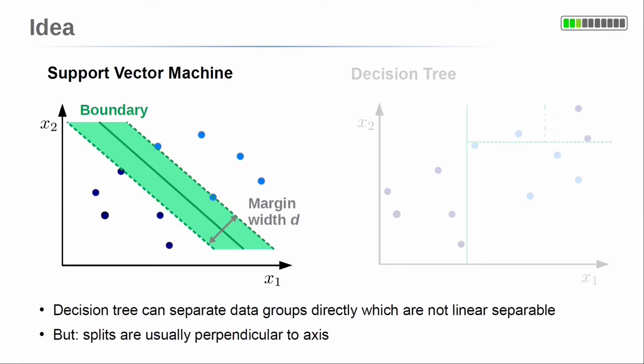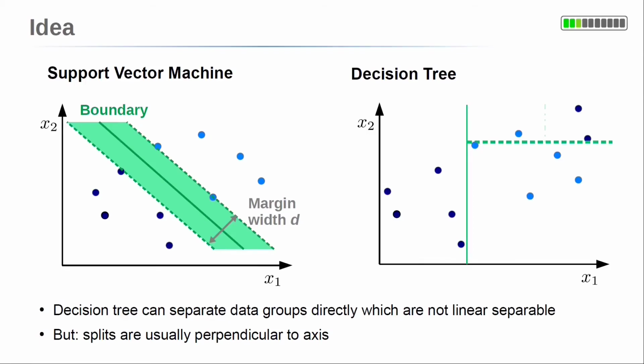Both support vector machines as well as decision trees try to separate classes by splitting the input space. For the support vector machine, on the left, this is done by a continuous boundary which has a linear shape for the linear support vector machine. On the other side, the decision tree divides the input space by perpendicular splits. This example on the right is not linear separable, so the support vector machine without variable transformations cannot classify the data correctly. For a decision tree, this is no problem.